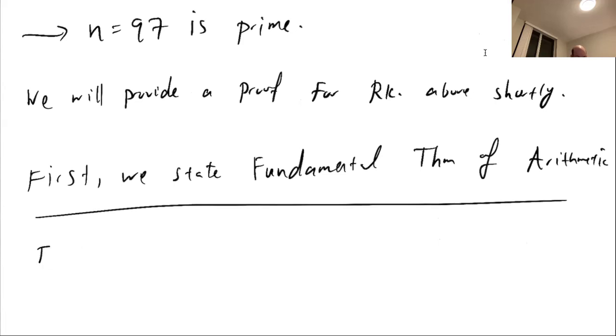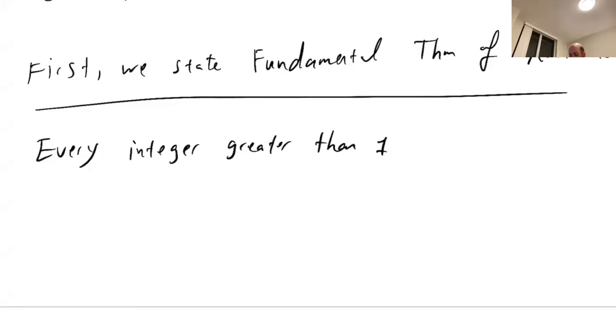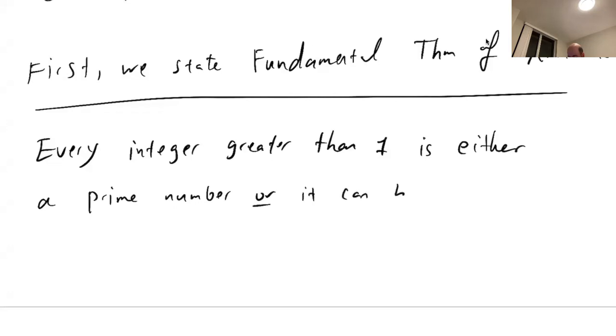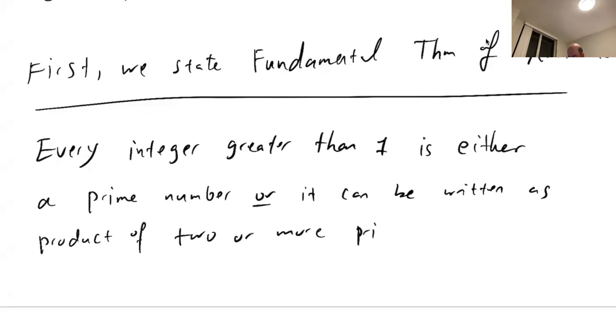It says that every integer greater than 1 is either a prime number or it can be written as a product of 2 or more prime numbers.